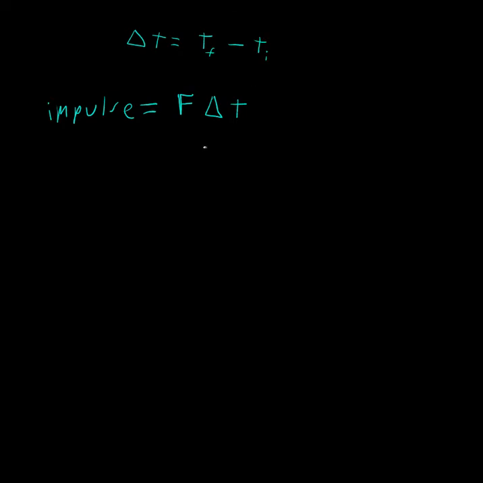So, with that being said, we also have the impulse, which I'll represent with a J. So our impulse equals the change in momentum. Again, I'm using the delta notation.